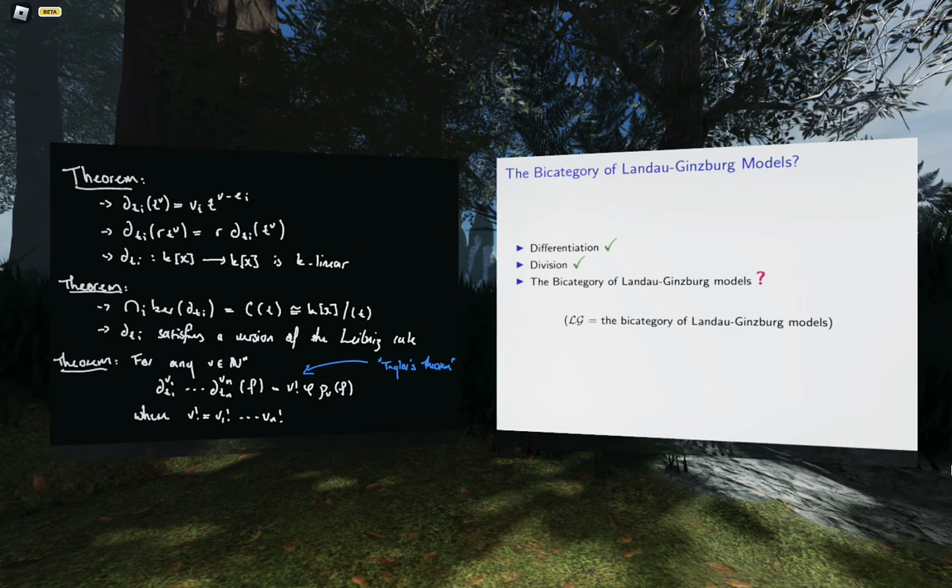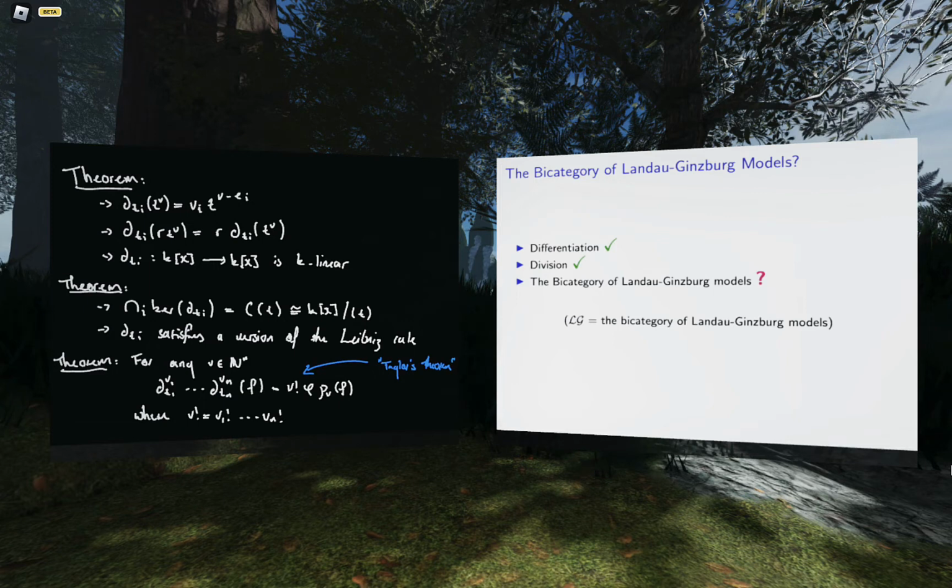So what it says is that if we differentiate f with respect to a whole bunch of the Ti's, possibly multiple times, then this is the same thing as looking at the corresponding coefficient in the series expansion for f that was used to define this map, except that we also need to chuck that map phi in there, which is identifying the variables x and y, and of course multiply it by the corresponding power factor, so v factorial there.